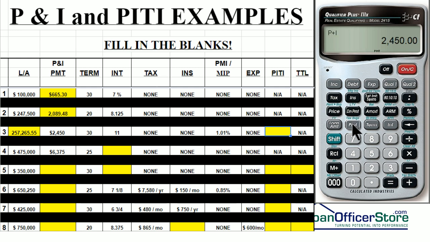So here we go to the button for payment. $2,450 is our P&I, as it tells us right here. We toggle through again, $2,666.53, and we can store that right in here, $2,666.53. And I am now going to shift X and clear out my calculator. We're going to go on to answer number 4.